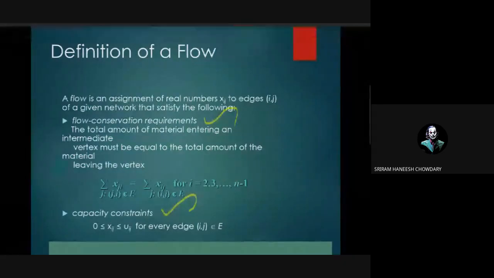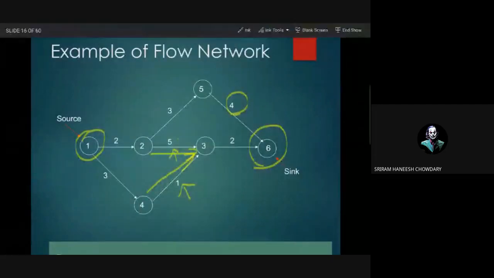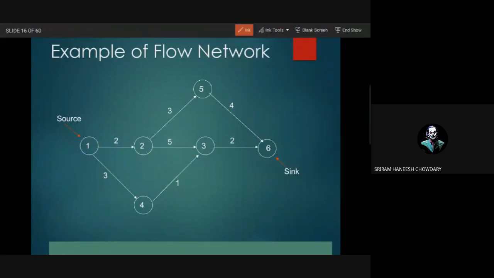Flow conservation requirement means, see here, this is the graph which is given to us. The number of materials that are entering a particular vertex must be equal to the number of materials that are leaving from this vertex.